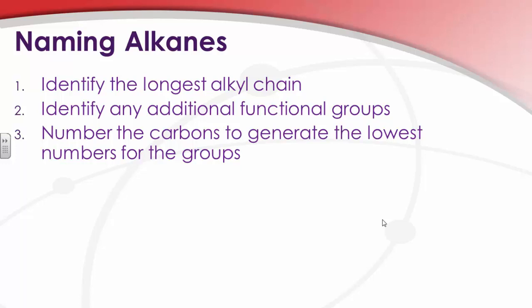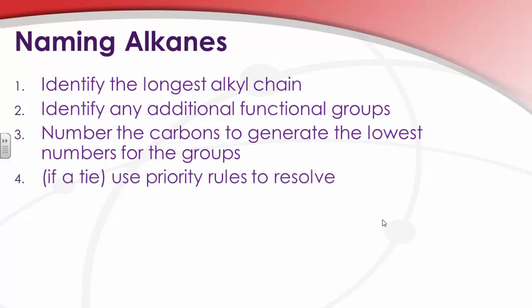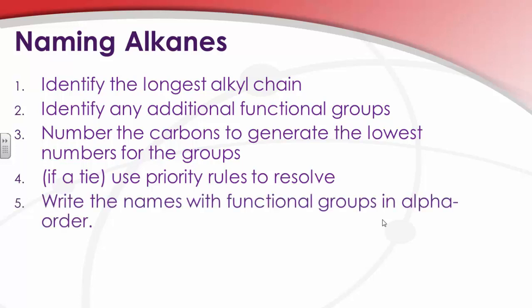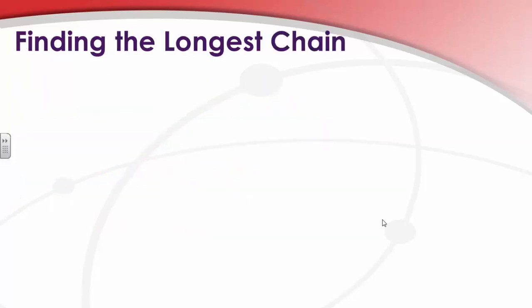We'll talk about that a little bit, such that you generate the lowest numbers for these groups. And if there's ever a tie, you use a set of priority rules that we'll cover later in order to resolve that tie. Once you're finished, you write the names of the functional groups in alphabetical order with their numbers involved.